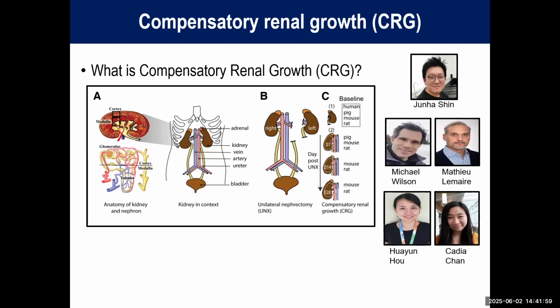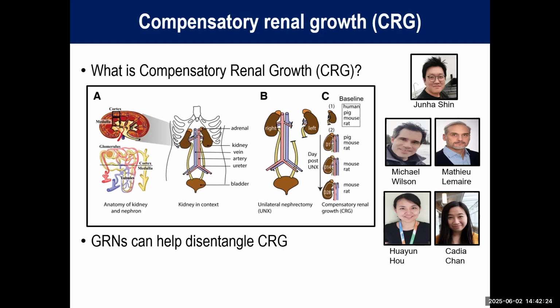This is important for the survival of the donor. But not all people undergo CRG, and it can lead to their death. So can we understand the gene regulatory network and the genes triggering this CRG mechanism, so that maybe we can predict ahead of time, before they donate their kidney, whether they'll undergo CRG or not?